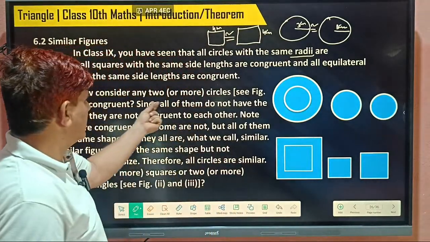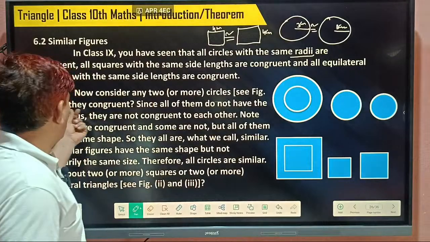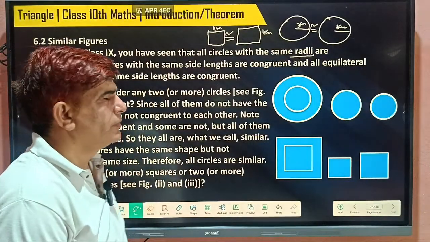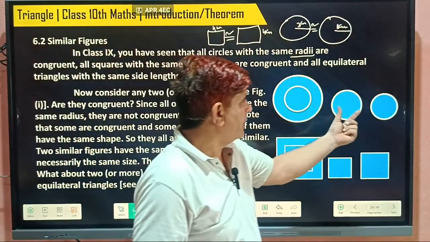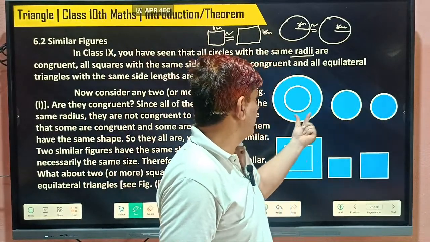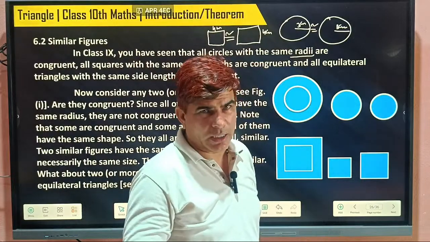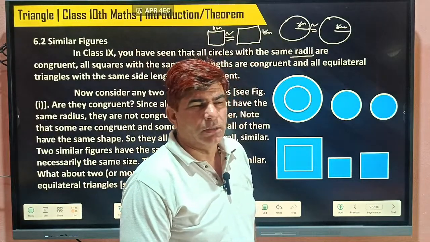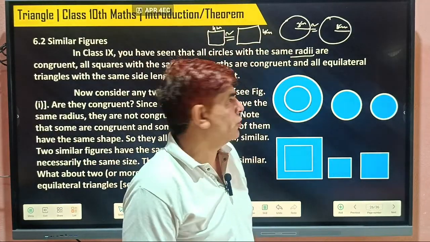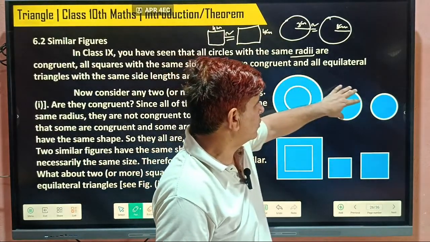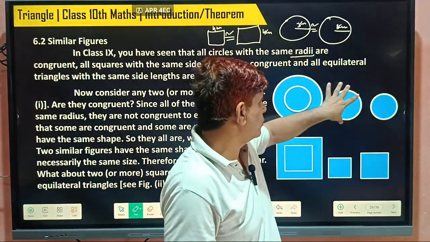Now consider any two circles. Are they congruent? If we take this circle, this circle, this circle, this circle, are they congruent? We don't know whether they are congruent or not. This circle is not congruent with this circle, but we don't know about this and this.